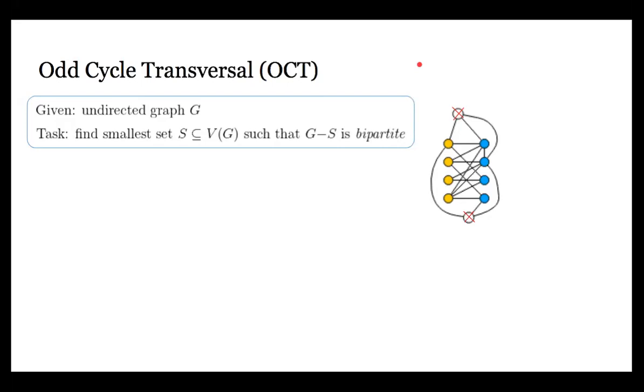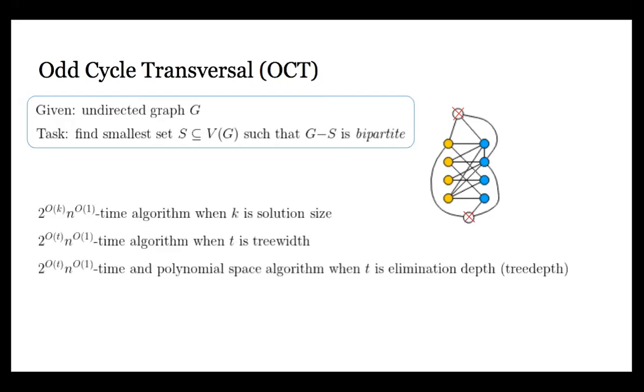So odd cycle transversal has been studied for a long time through the lens of parameterized complexity with different parameterizations. Some of the best known examples are parameterization by the solution size, so by the size of the set S, or parameterization by some graph measures such as tree width or elimination depth.